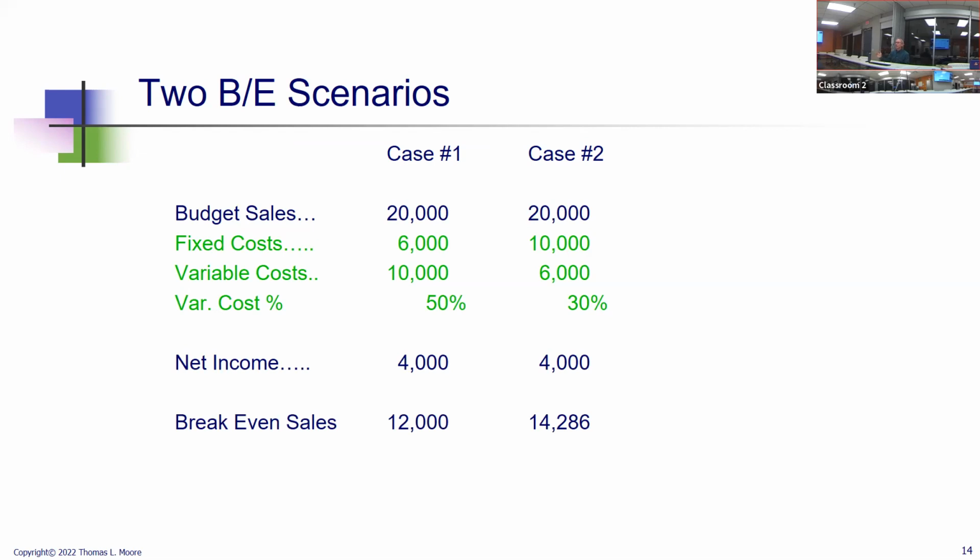But in case two, because their fixed costs are $10,000, they have to sell $14,286 in order to break even. So that's giving you a sense of how impactful fixed costs are to these calculations versus variable costs.